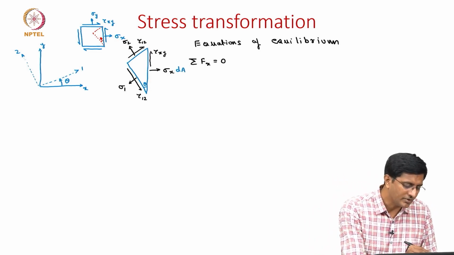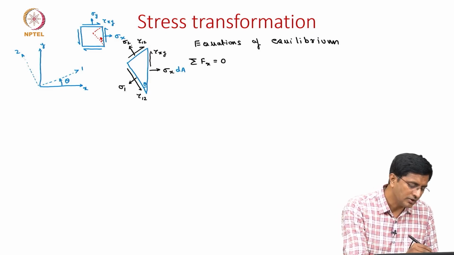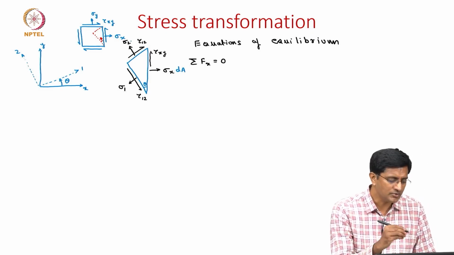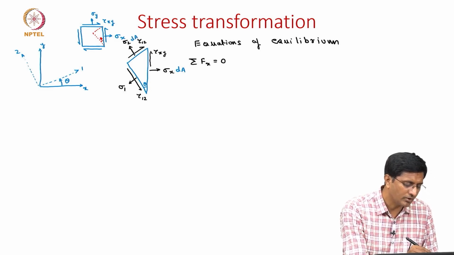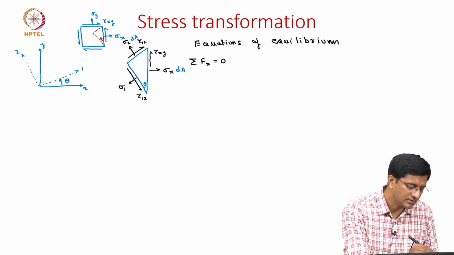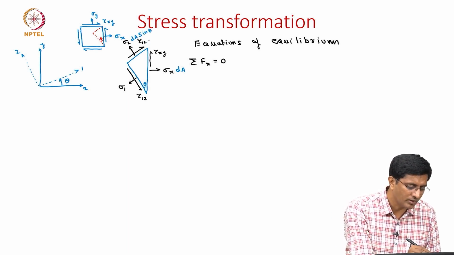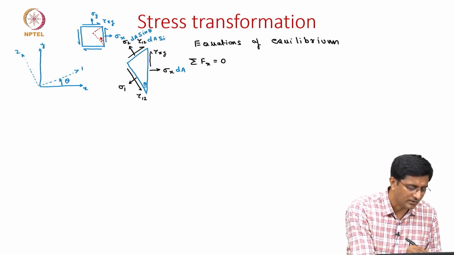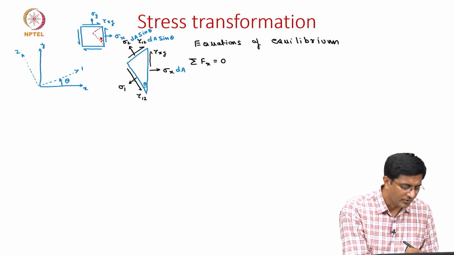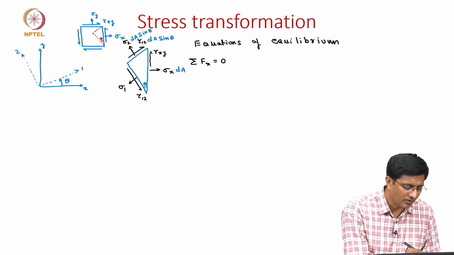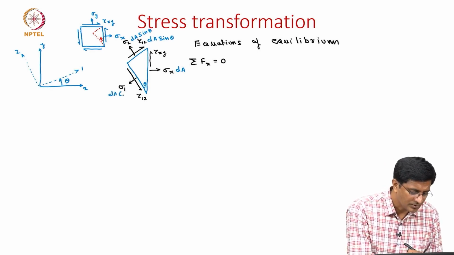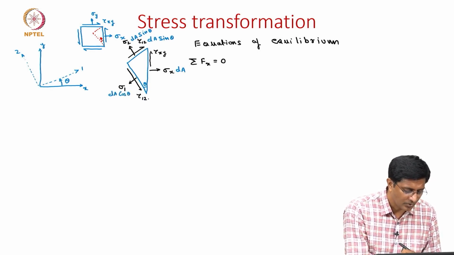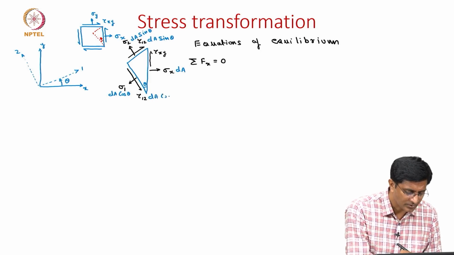But on these inclined faces the cross section area is dA times something. For example, where we have the sigma 2, it should be dA times sin theta, and similarly this should be tau 1 2 times dA sin theta. But for this inclined face where we have sigma 1, there we have dA times cos theta, and here it should be tau 1 2 times dA cos theta.